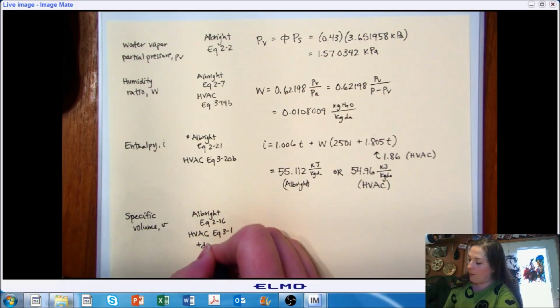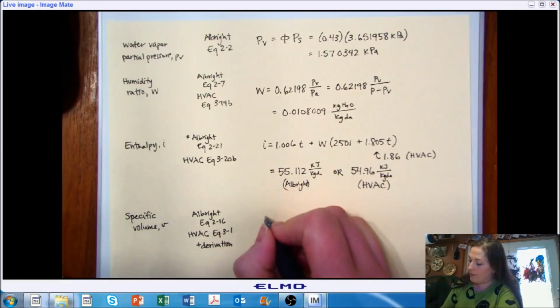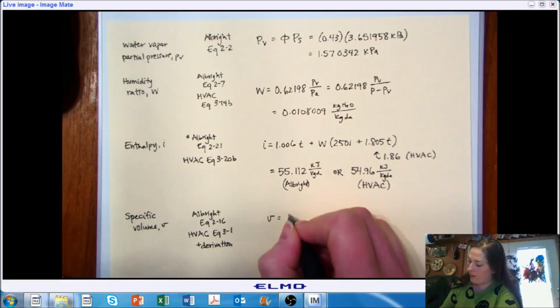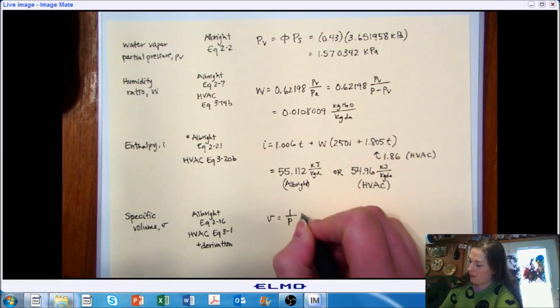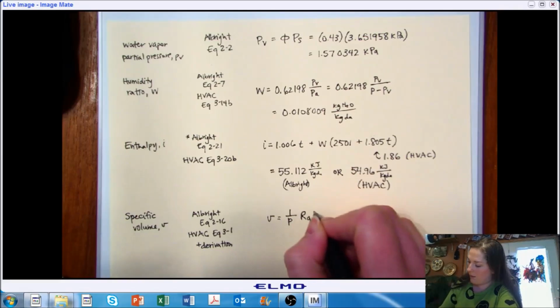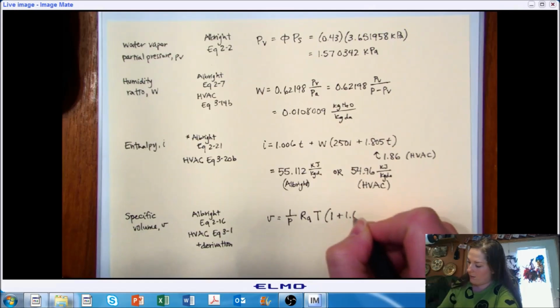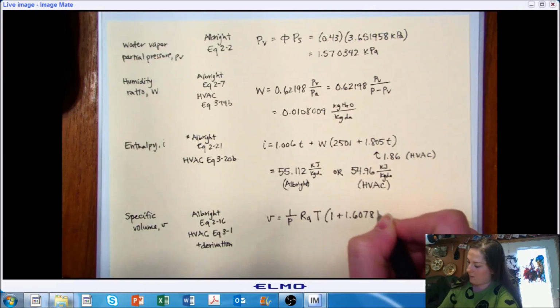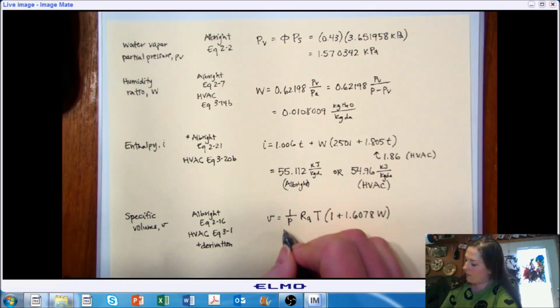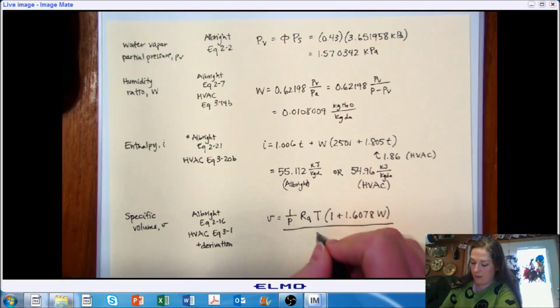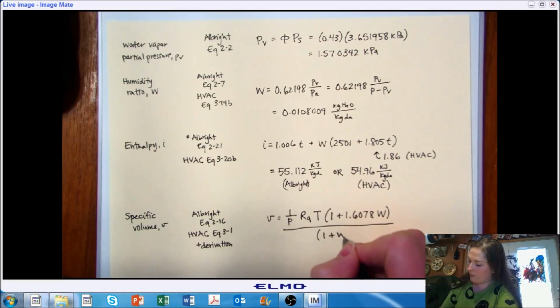But it requires a little bit of a derivation to get to the form that we're going to use from the Albright text. And so if we plug all of our values in, then we get a value for our specific volume.